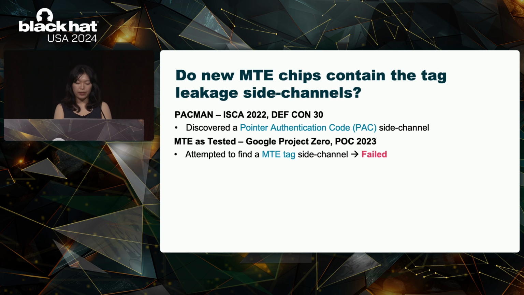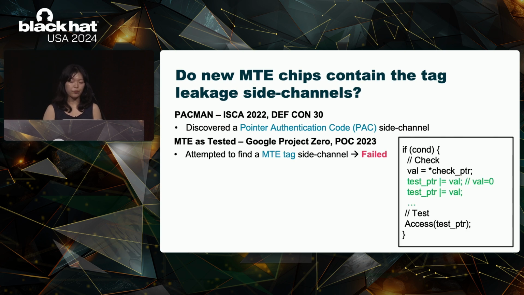Google Project Zero actually conducted an analysis on this MTE hardware, including the search for the tag leakage side channel. But they failed to find such side channels. They tested code consisting of a tag check load and a dependent test pointer load, varying the distance between them, but this did not generate any cache difference on the test pointer.